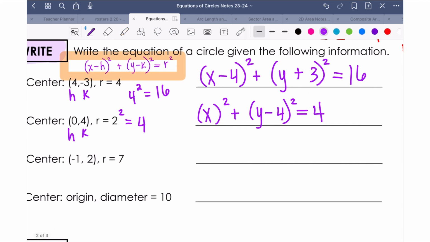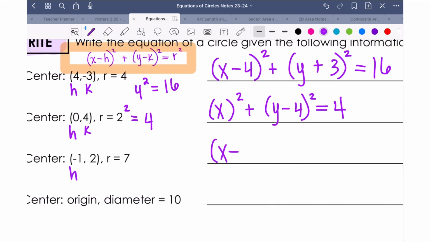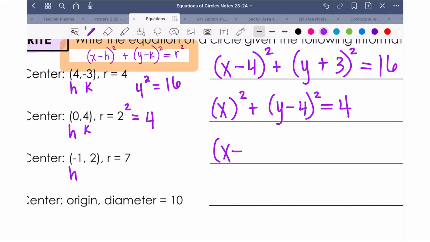All right, next one. x minus, what's my h? My h is -1, so this is not going to be minus. What is it going to be? Two negatives make a positive.